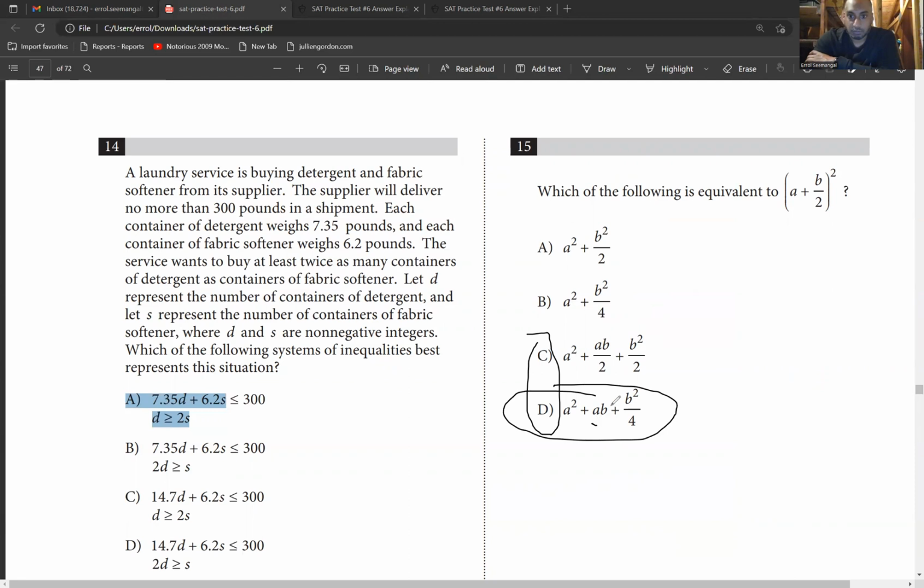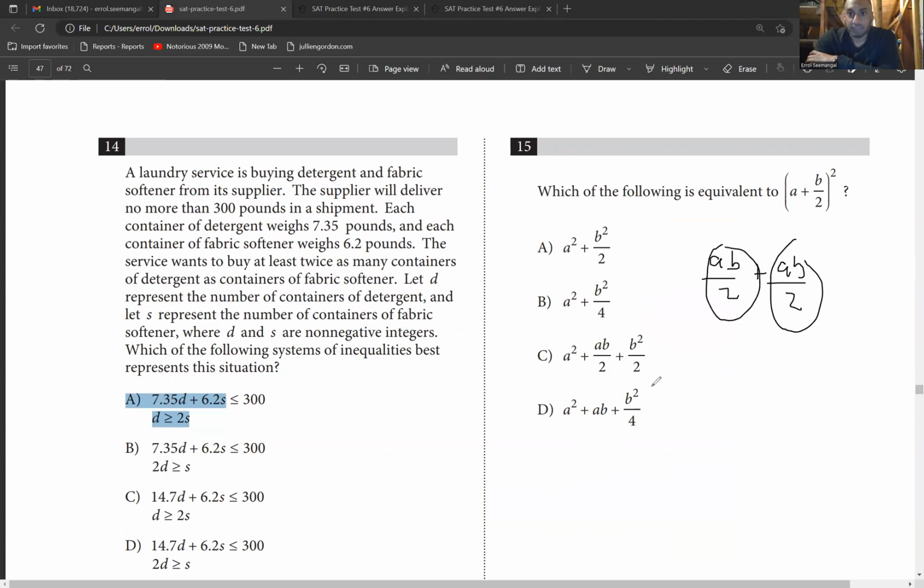Now let's check this middle term. AB over 2 plus AB over 2, right? So half AB plus another half AB is 1 AB. Yeah. So D.